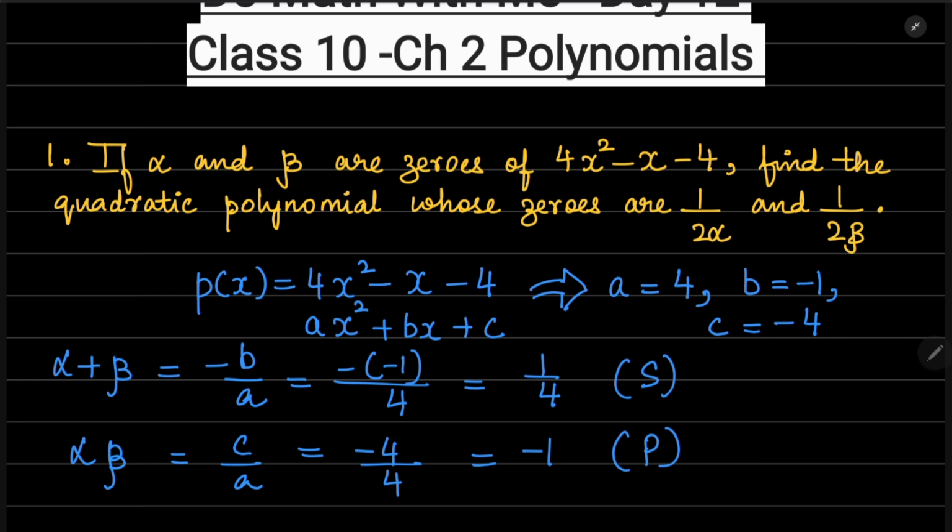Now with this sum and product, can we calculate the quadratic polynomial whose zeros will be 1 by 2 alpha and 1 by 2 beta? Suppose you have a quadratic polynomial with these two as zeros, what will be the sum?